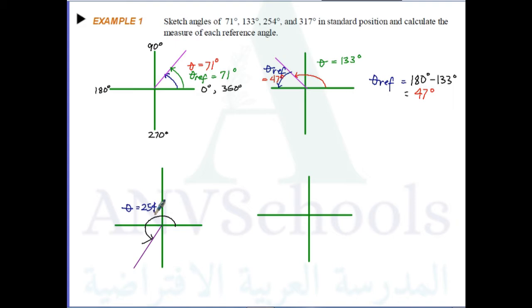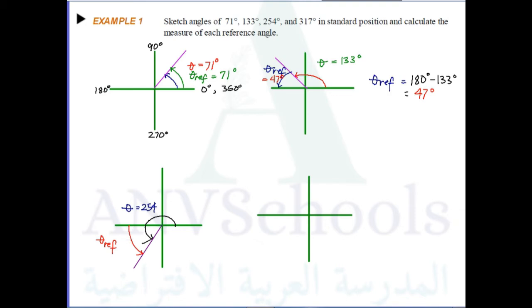But what about our theta ref? Our theta ref is the acute angle between the x-axis and the terminal side. So this is the terminal side, this is the x-axis. This would be our theta ref. Take note that our theta ref is always counterclockwise.